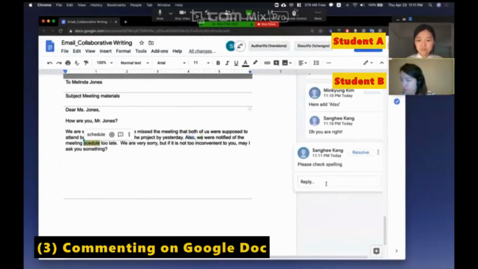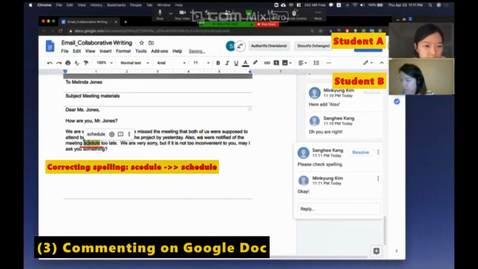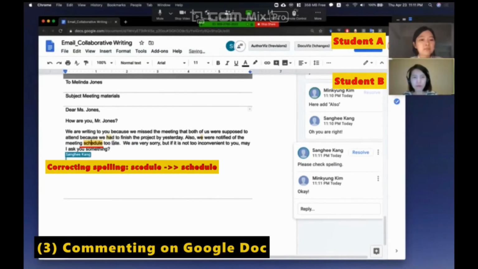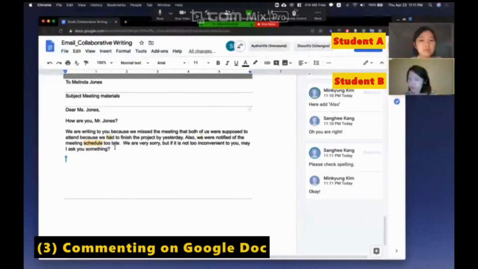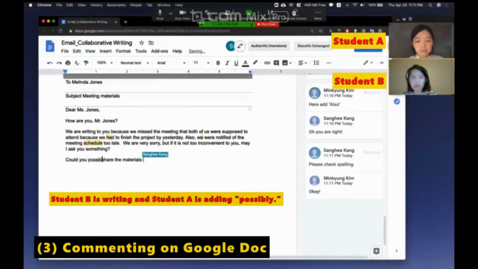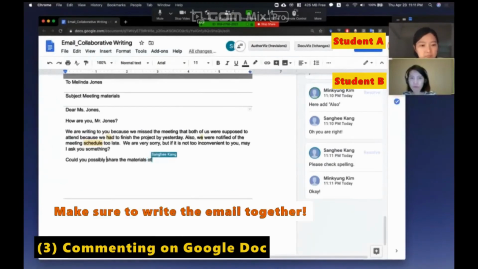Again, showing how students make comments on each other's writing, correcting spelling. And they are showing how to write the email together collaboratively.